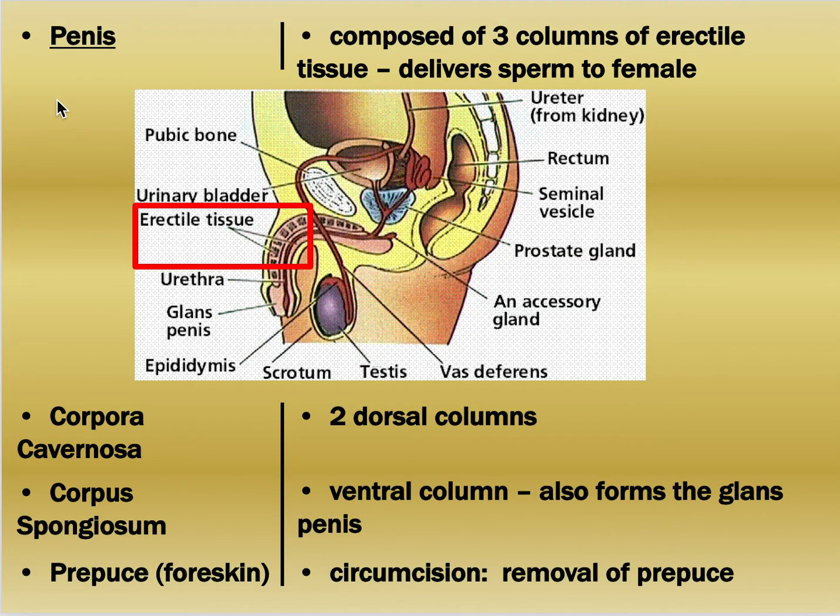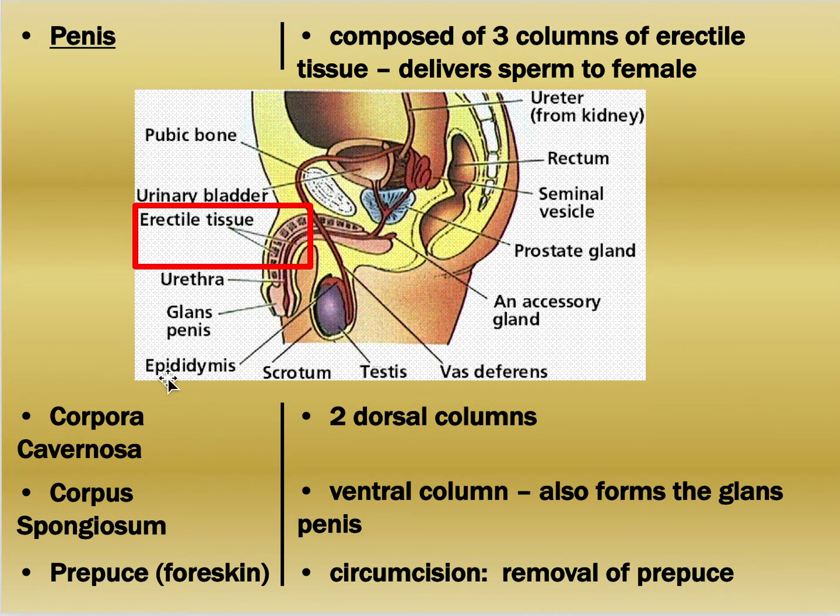Let's go on. So now talking about the structure of the penis, it is composed of 3 columns of erectile tissue. For the most part, you have 2 different tissues here. You have these pockets here that, when they fill with blood, the penis will be erect and then ready to reproduce.